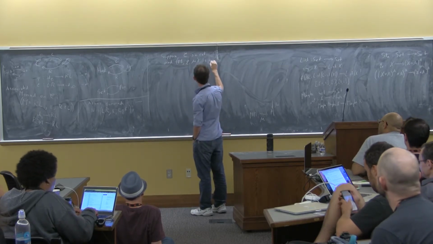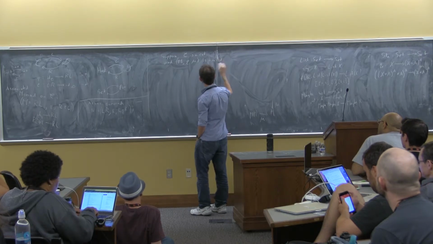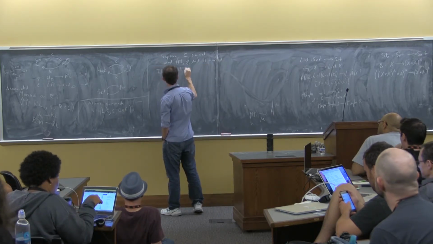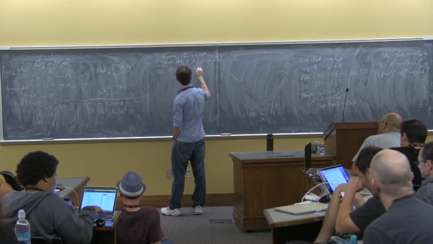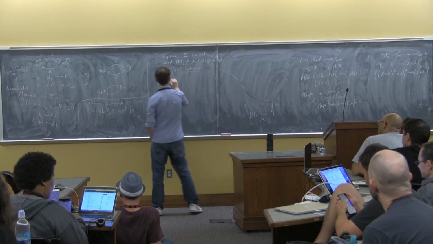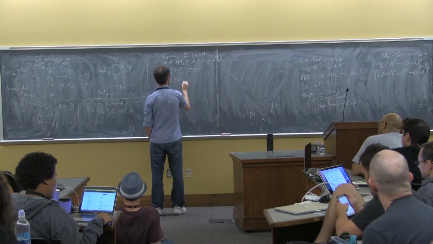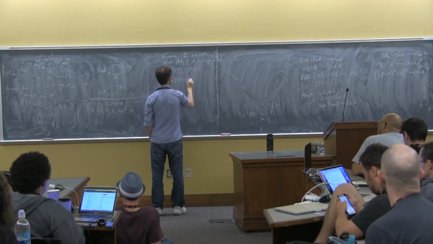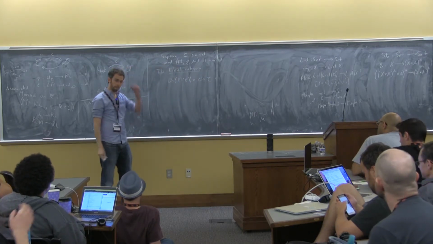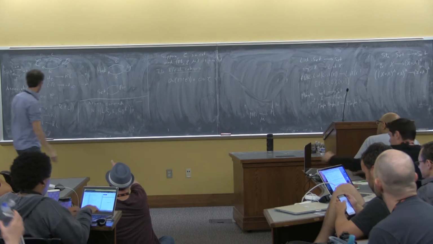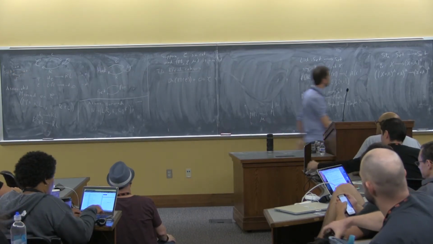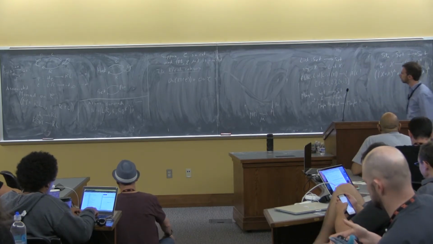The Kleisli category for this data: the objects of Kleisli C are the objects of C, so nothing's changed there. Hey, where's mu, by the way? You have mu over there, but you didn't have a diagram over there. Oh, join. Okay, sorry. Mu is join. I erased it already.